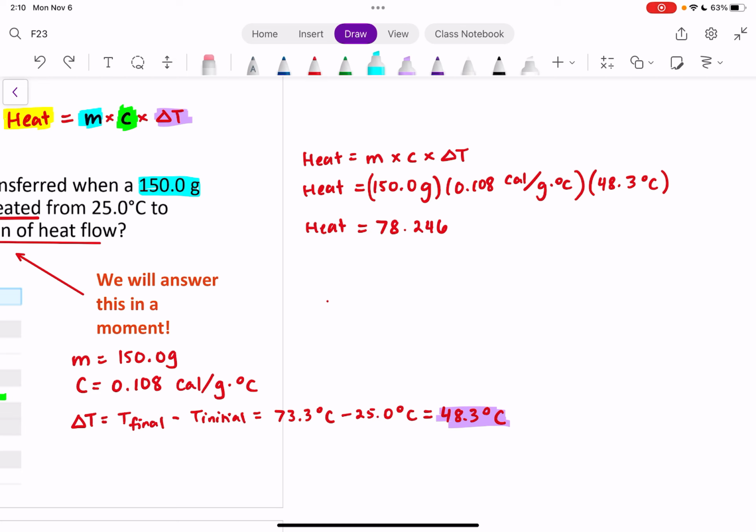If you don't see that, I encourage you to pause the video and think about it for a little bit. Grams are in the numerator here and the denominator here, so they cancel out. I'm also noticing for our degrees Celsius, we've got them in the numerator and in the denominator, so just like before, those cancel out as well. And we're left with units of calories.